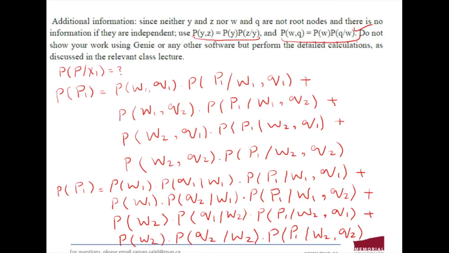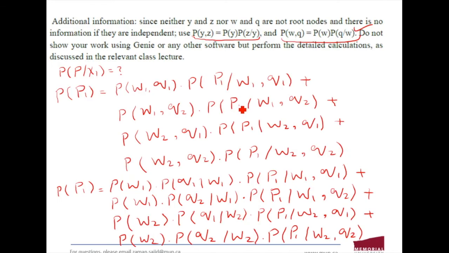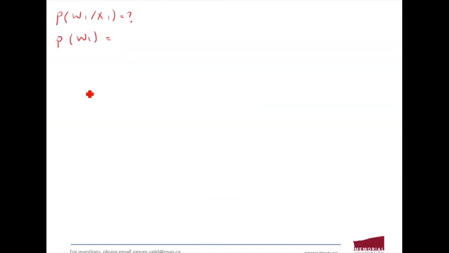I need to find out my probability of W1 given X1. Using the law of total probability, I can write that P of W1 is equal to, I will go back to my network here. W has parents Y and Z, so it will be the joint probability, just like we were doing before.